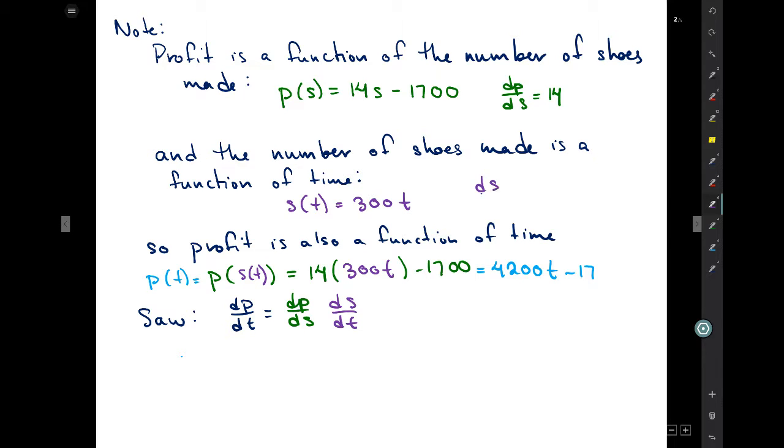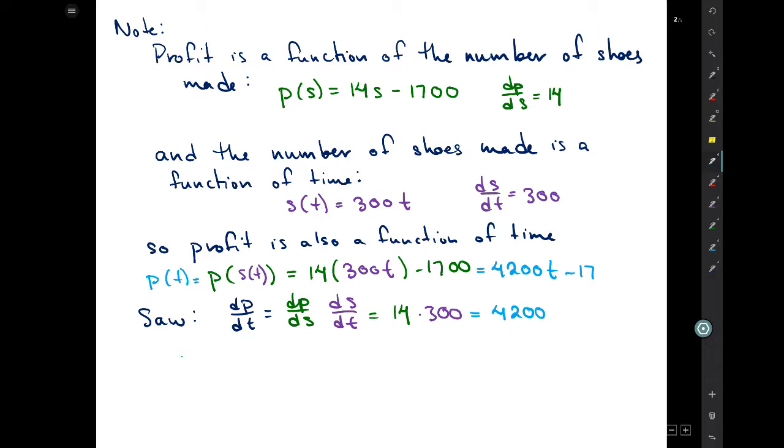And that dS/dT is 300. And so the chain rule says that we get 14 times 300, which gives us 4200, which is indeed the slope of this function P of T that we saw.